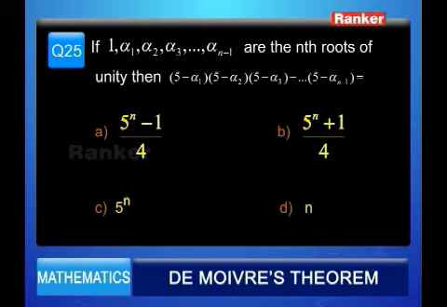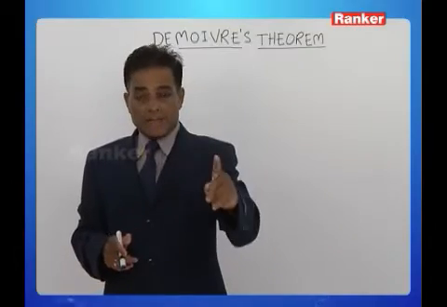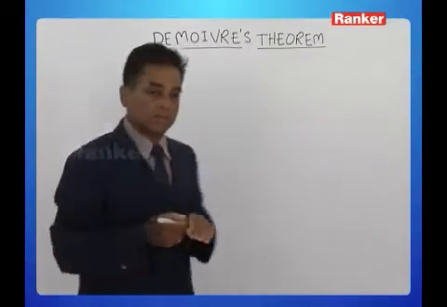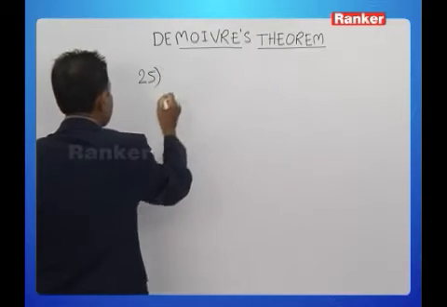Four options are given: 5 power n minus 1 by 4, second option 5 power n plus 1 by 4, third one 5 power n, and finally fourth one n. What is the right option and right answer to question number 25?